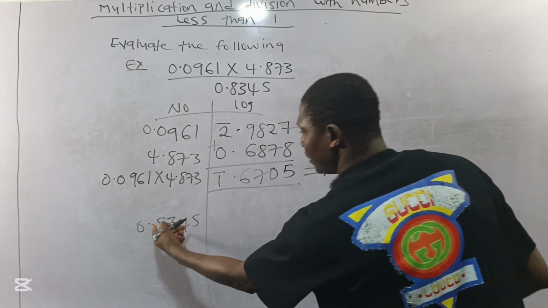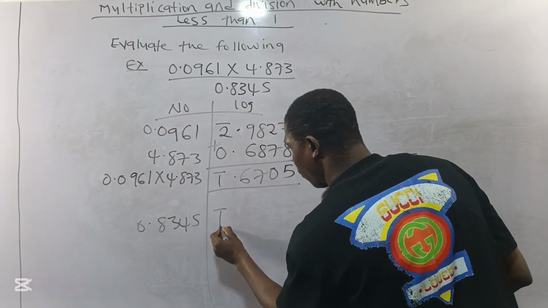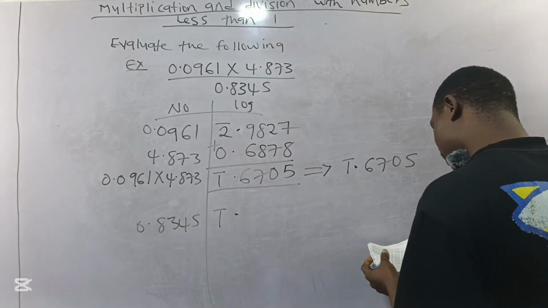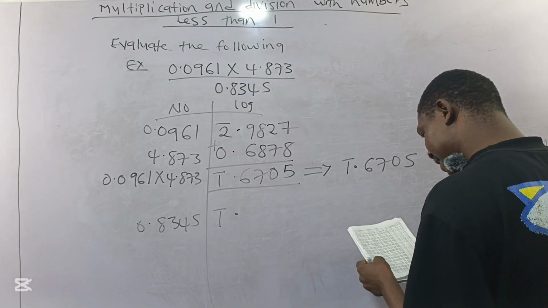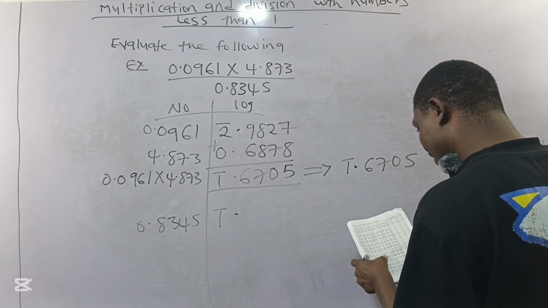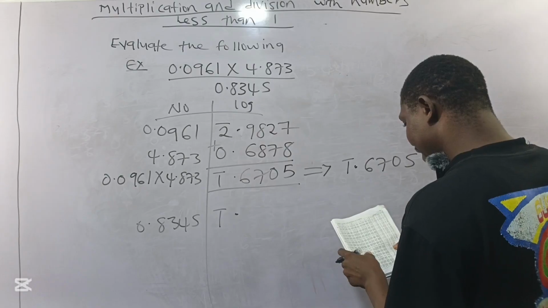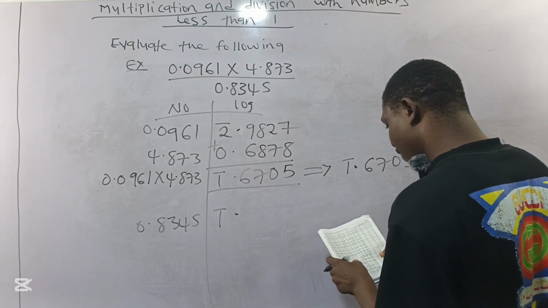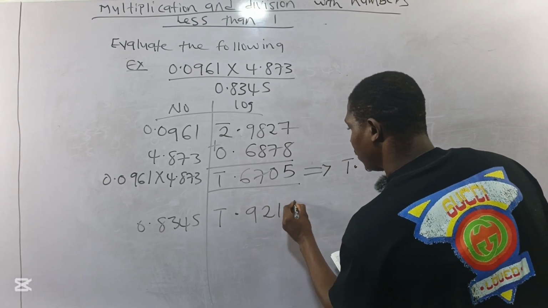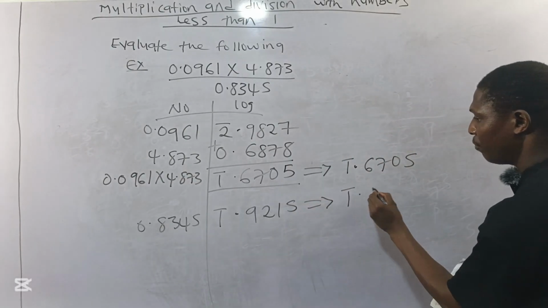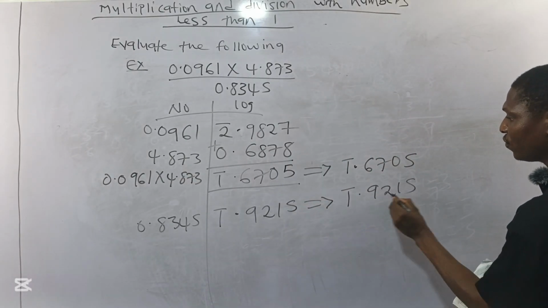Come to the denominator, I have 0.8345, and 0 for the real number becomes bar 1. 83 under 4. 83 under 4 is 9212, and difference 5 is 3. So we have 9215. And we move this to this other side to give me bar 1.9215.